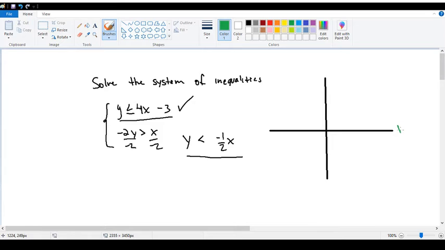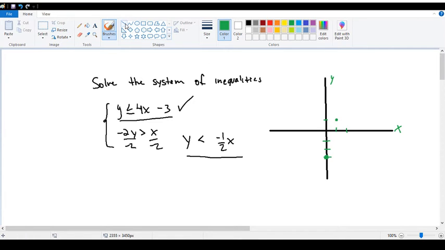So this is the x, and this is the y axis. So let's start with the first one, -3. So the y-intercept is -3 right here. Slope is 4, so you go up 1, 2, 3, 4, and over 1.